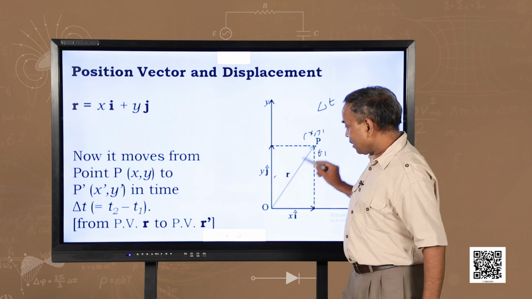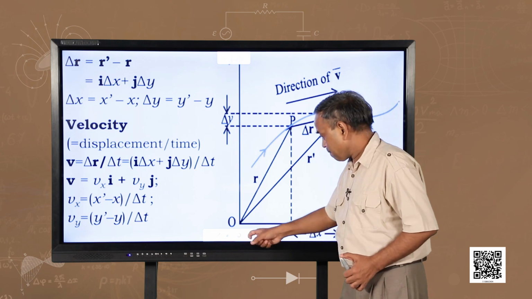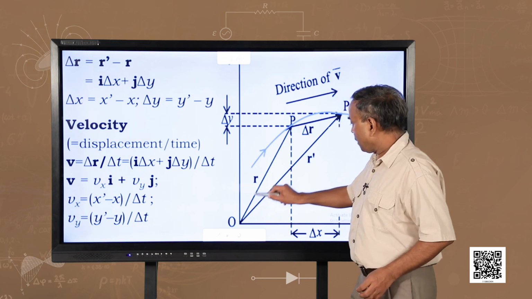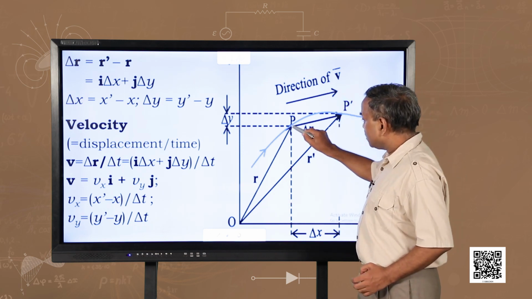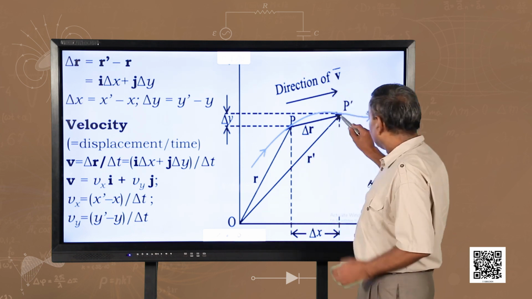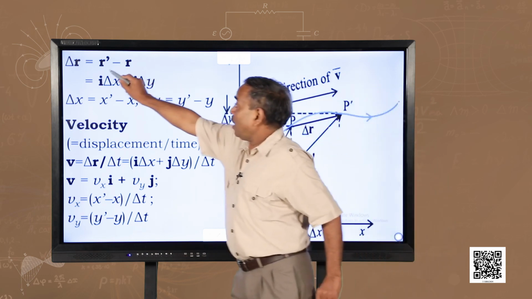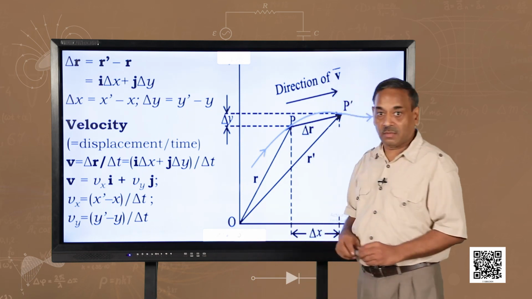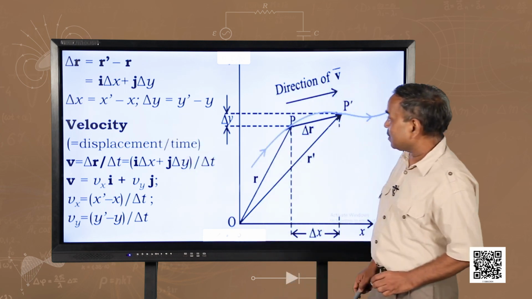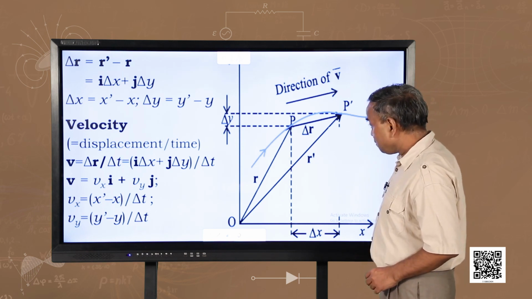Now, from position vector r to another vector r dash, how does it happen? At time t1 the position vector is r, and at time t2 the position vector is r dash at P dash. So delta r is equal to r dash minus r, which we can find using the triangular law. Then delta x is equal to x dash minus x, and delta y is equal to y dash minus y, simple mathematics.